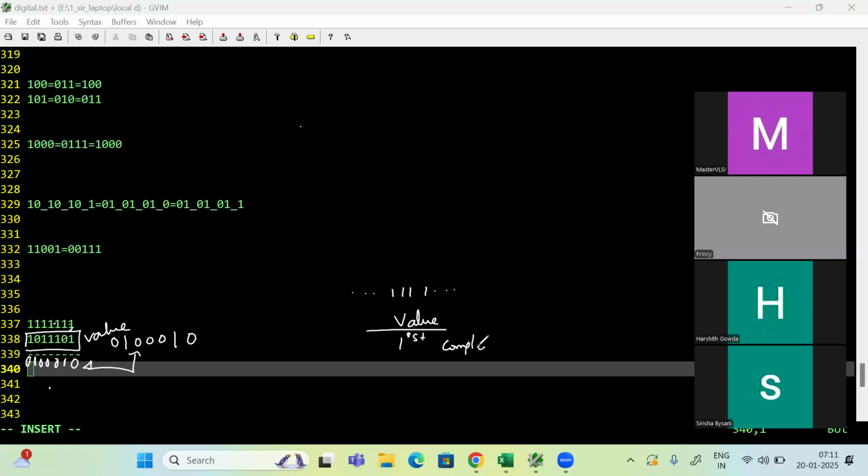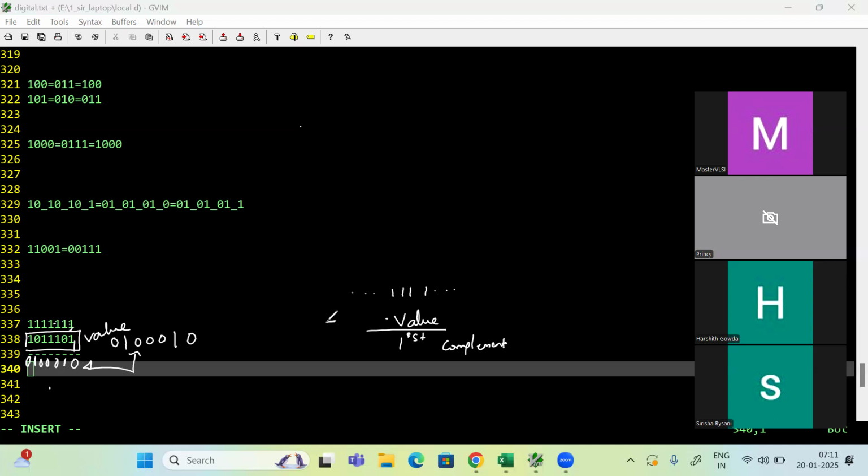Can I write like this? Then your value, whatever value, either value you write. According to your value, I write 1 1 1 1 1. Whatever you subtract, what will I get? The one's complement. In how many ways can you do one's complement?